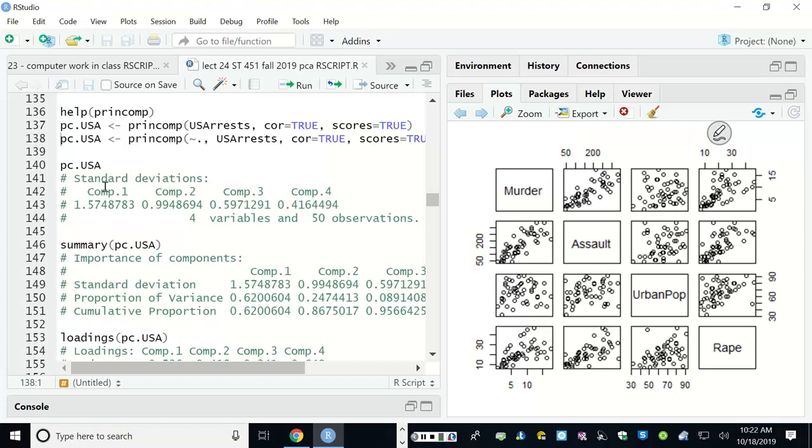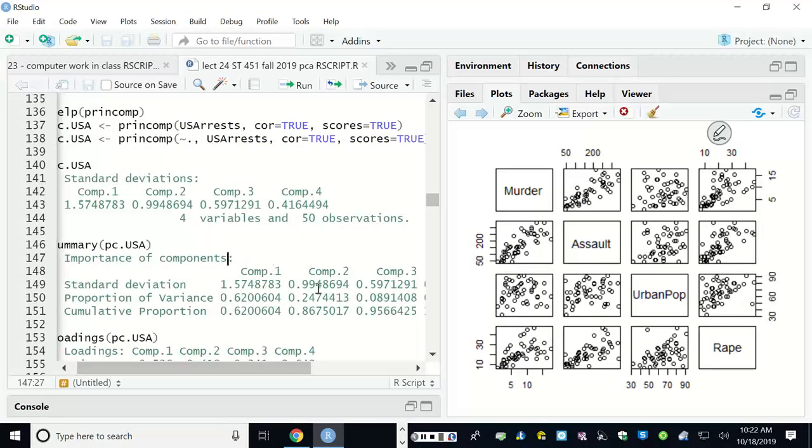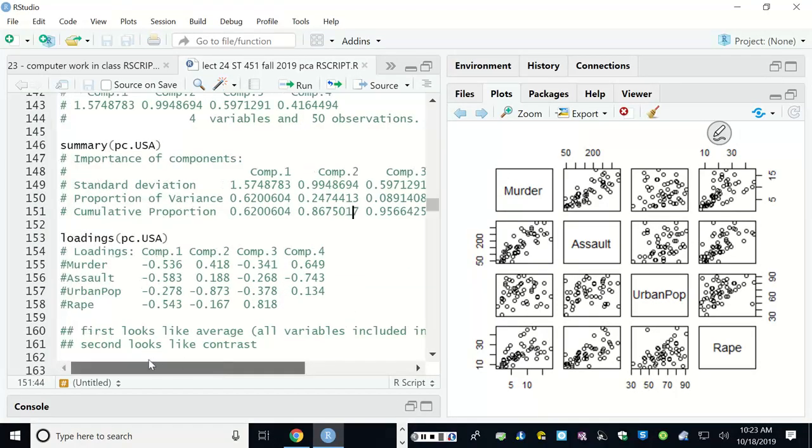the standard deviations of these coefficients are the first 2 are a little bit larger, the second 2 a little bit smaller, and the cumulative proportion of the variance of these 4 things explained by these is there's kind of a first principal component that's about 62%, about 2/3 of all the variability, and a little bit more for the second one, and a little bit more for the third one, but it looks like there's a little bit of redundancy.